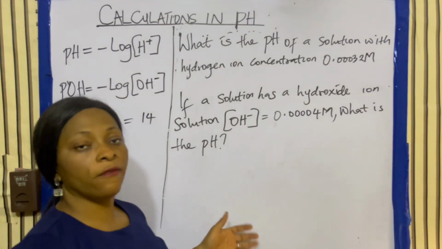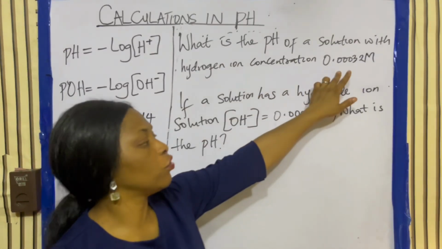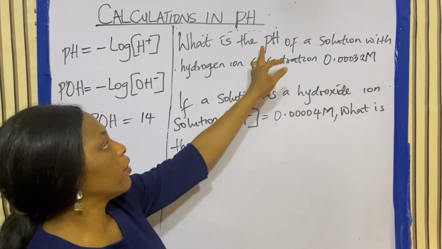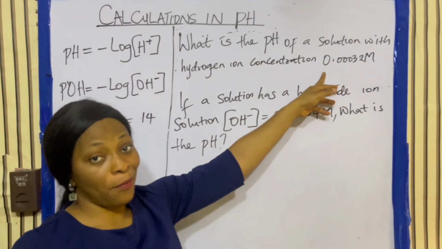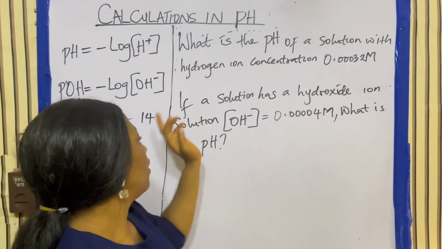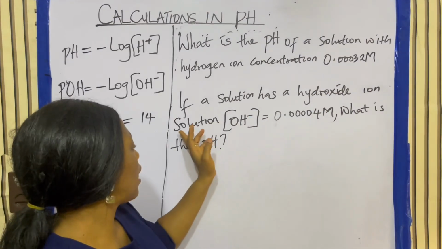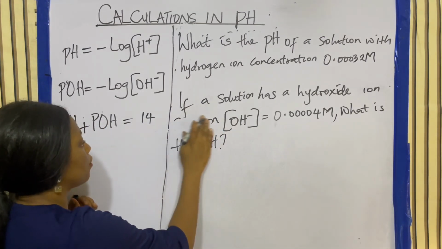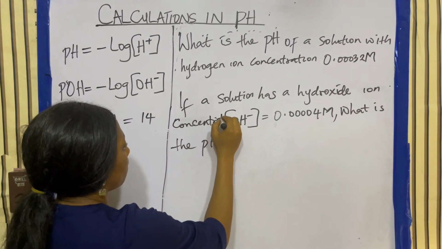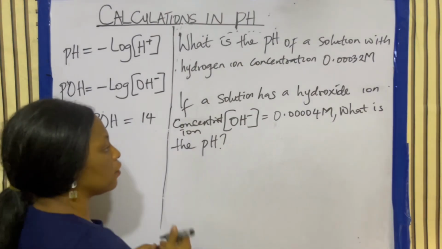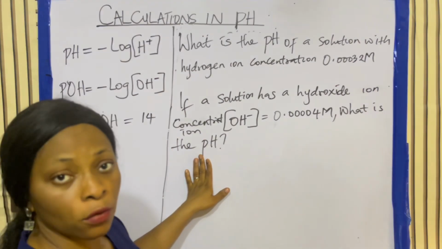Okay, let's look at the following question. What is the pH of a solution with this hydrogen ion concentration? Here you're looking for the pH and you were given the hydrogen ion concentration. I believe you know the formula to use. If a solution has this hydroxide ion concentration, what will be the pH of this solution?